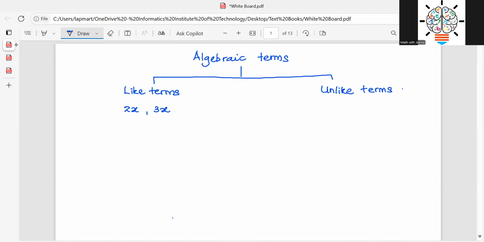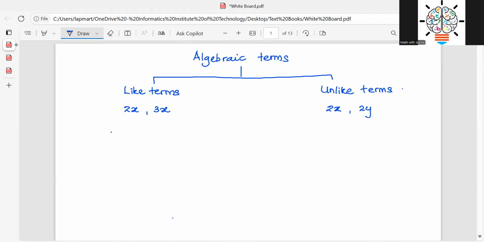Silva, Silva same, x, x same, Saman and Nimal different. But let's say you have 2x and 2y. This is like Saman Silva, Saman Pereira. Both of them are Saman, but the surname is different. Here, they are not like, they are unlike, because the algebraic variables here are x and y.